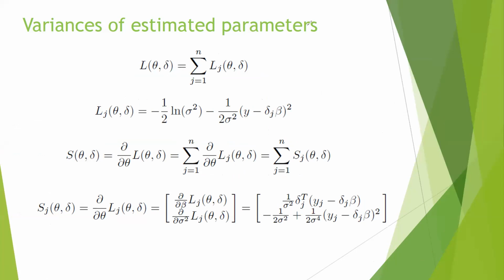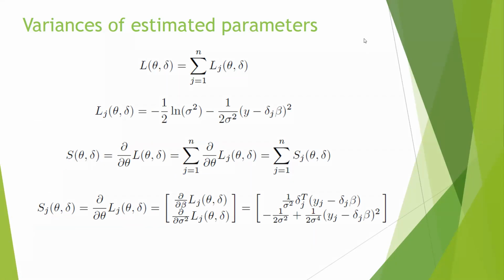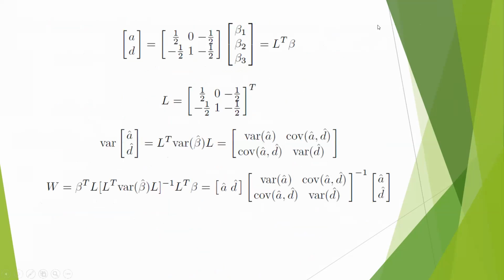As we mentioned before, once we get the first derivative, we can estimate the parameters. If we take the second derivative of your model, we can estimate the variance of these parameters. And if we have the variance of the estimation of your parameters, then we can construct the Wald test.